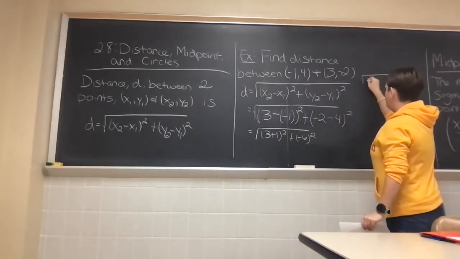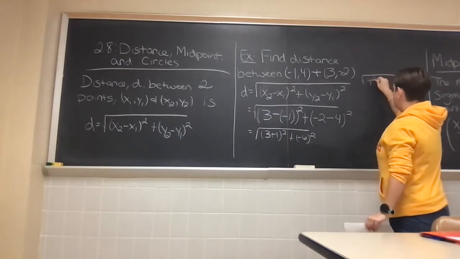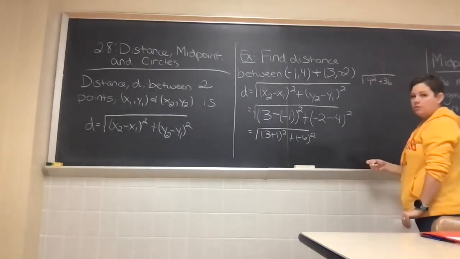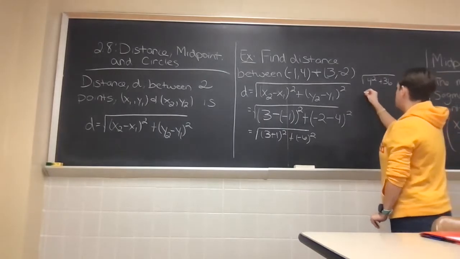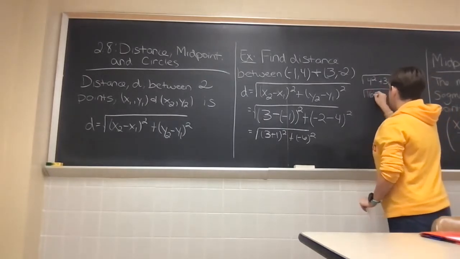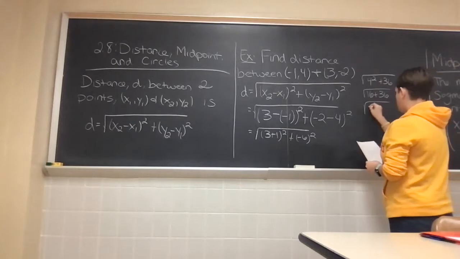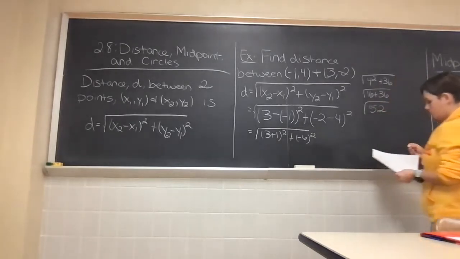So I have 4 squared plus 36, because -6 squared is 36. I have 16 plus 36, which gives me the square root of 52.